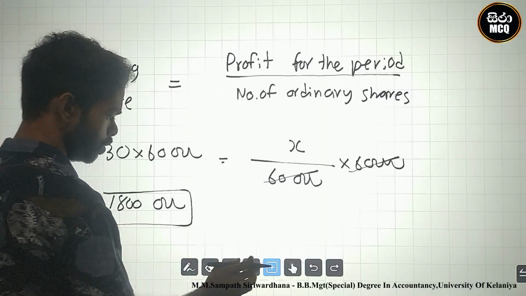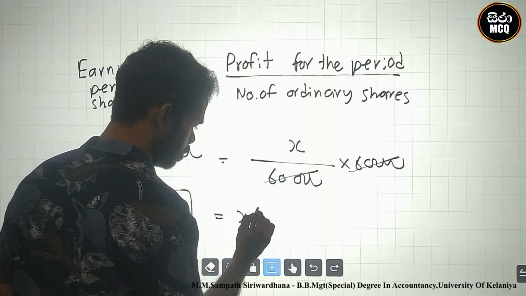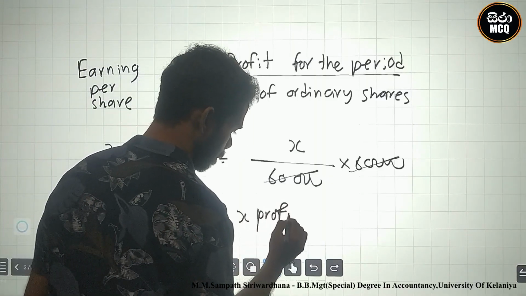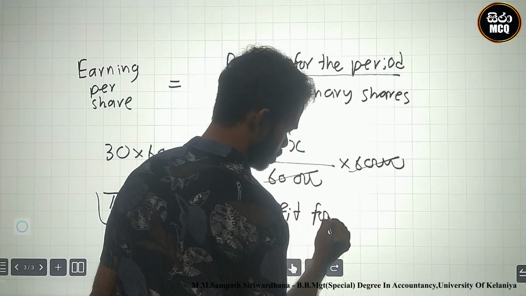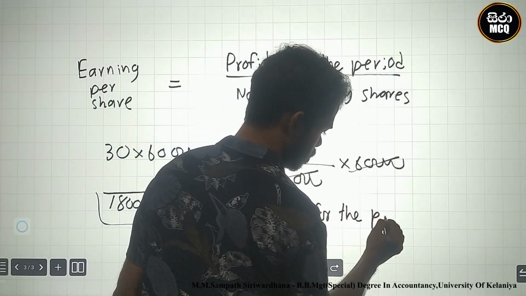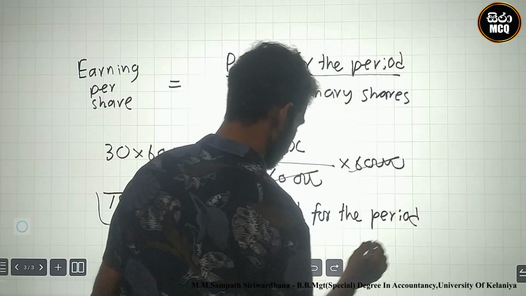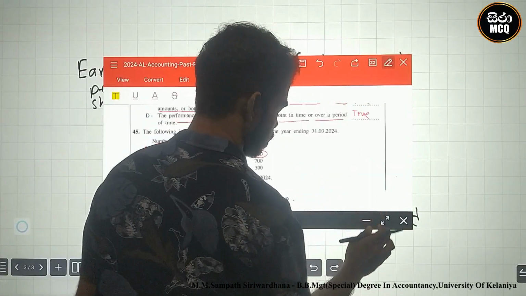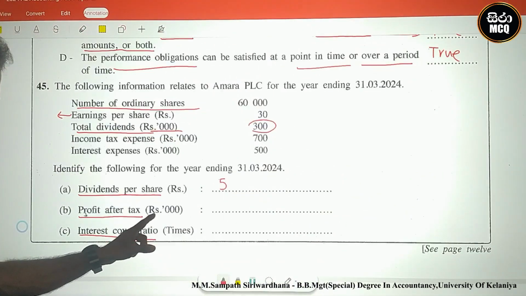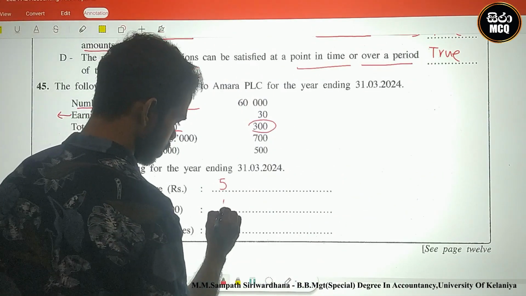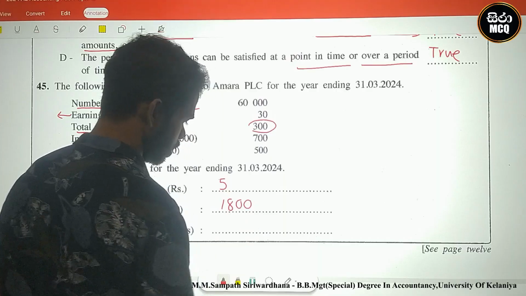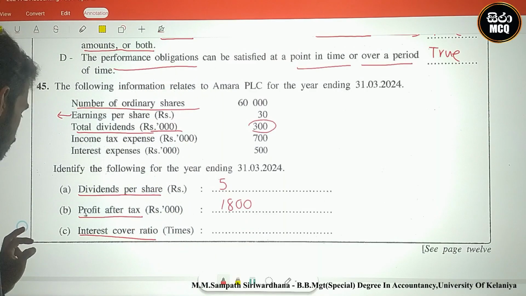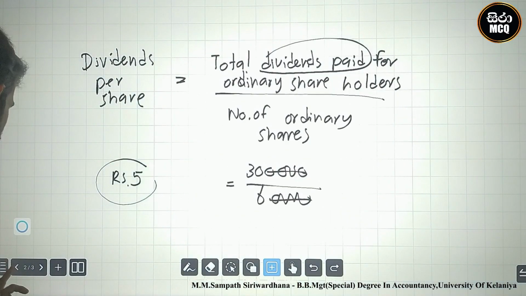This is the profit for the period, X. In thousands, the profit after tax is 1800.